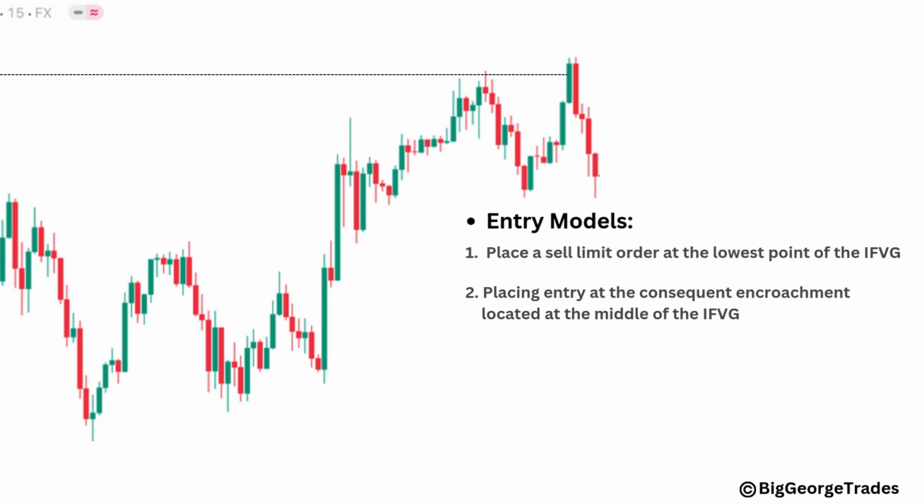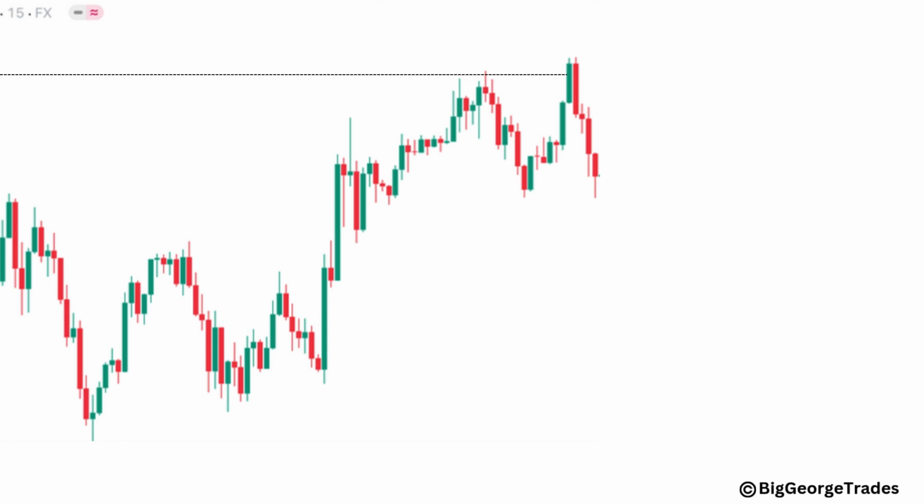So with this sell trade we are about to take, we'll be looking for the CE entry model. That is, we will be placing our entry at the 50% consequent encroachment level, or we'll place it at the discount or the extreme lowest point of the IFVG.